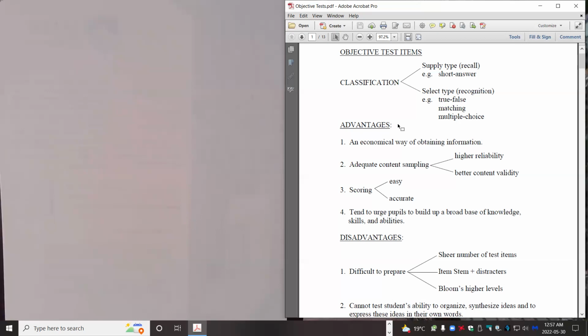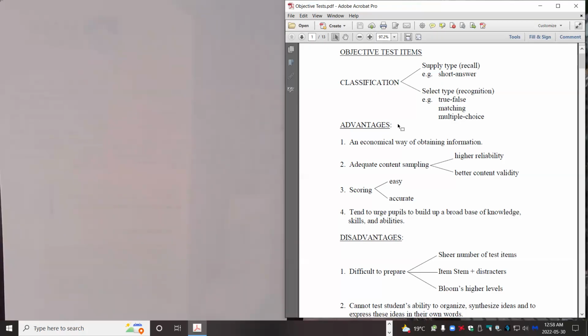It is an economical way of obtaining information from examinees, because in general it takes much less time to answer an objective type item than an essay question. In 1 hour we have about 50 to 60 items.